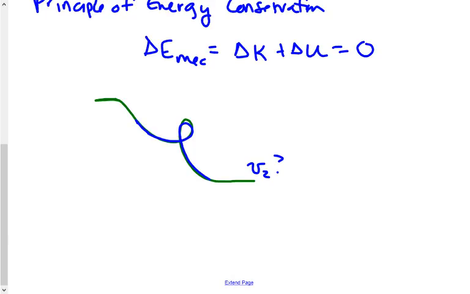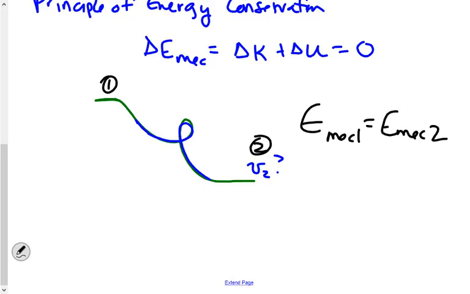But if it's only conservative forces here, I can just say that the mechanical energy at position 1 is equal to the mechanical energy at position 2. So all I need to know is what that change in height is and what the initial speed is, and I can figure out what the speed is at the bottom. I don't have to know what happens in between. I just need to know where I ended and where I began. Okay, makes sense?